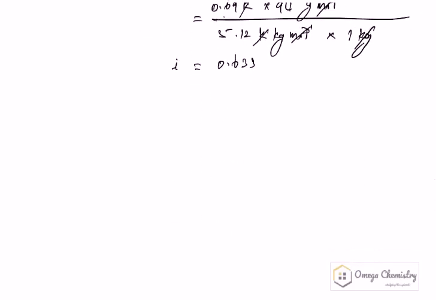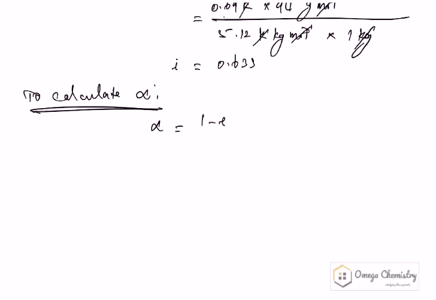Now to calculate alpha for association, I know that alpha is equal to 1 minus i by 1 minus 1 by n, okay, because it is association, no? It is association, right?